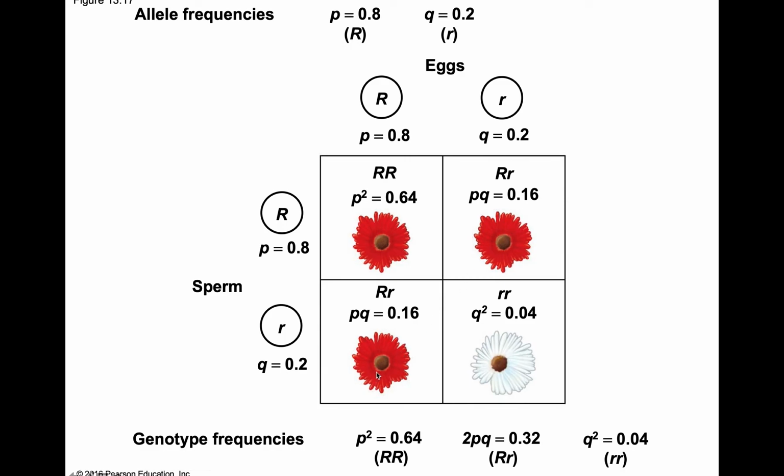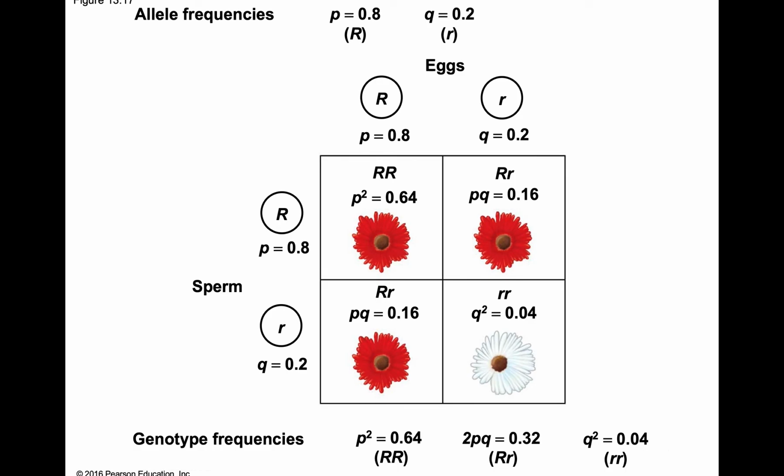They're red in terms of genotype. They're capital R, little r. But in terms of phenotype, of course, they're still red. So what are the odds of that kind of red? 32%. And the last one, the white flower. What are the odds of getting a white flower? Well, that's only 4%. So 64% plus 32% plus 4% gives me my 100%.